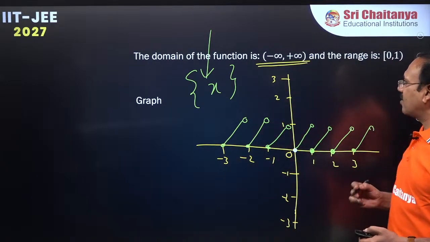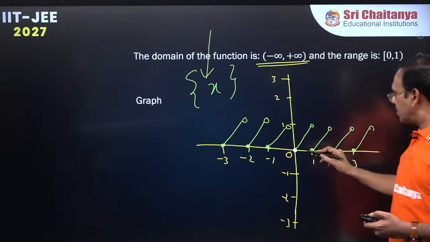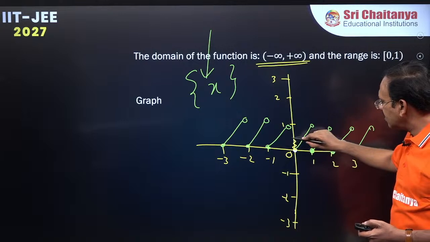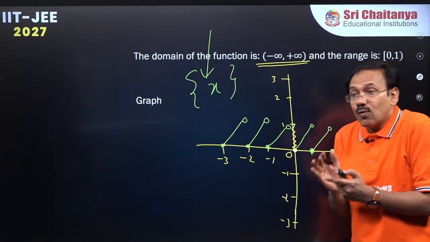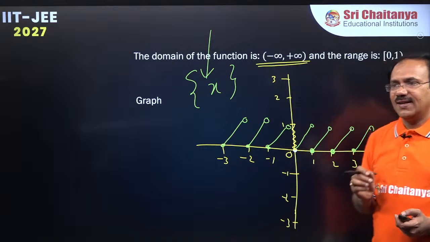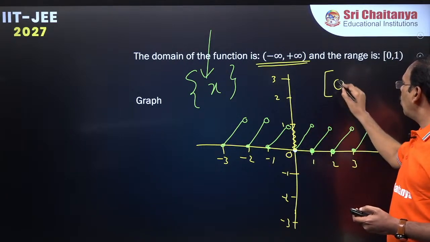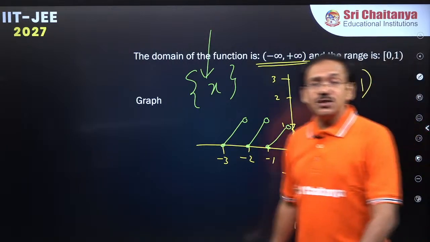So, the domain of fractional part is this, and the range, you see, dear students, you just observe the output you are going to get: closed 0, but you will never get 1. So this is why the range is closed 0 to open 1.